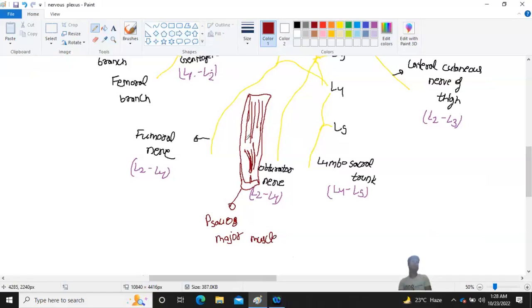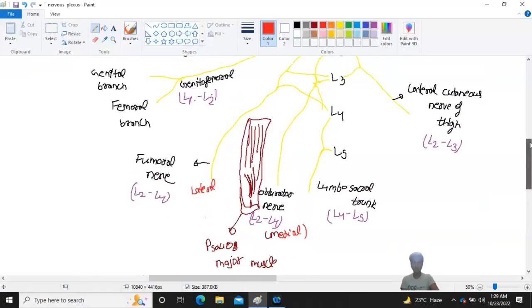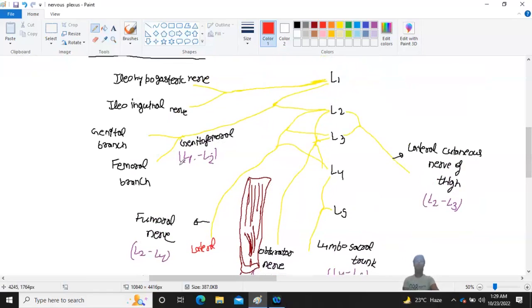This muscle has anterior, posterior, lateral, or medial relations. In medial relation to the psoas major is the obturator nerve. All these are lateral, except one. One nerve is anterior to the psoas major. Remember, this is the genitofemoral nerve.